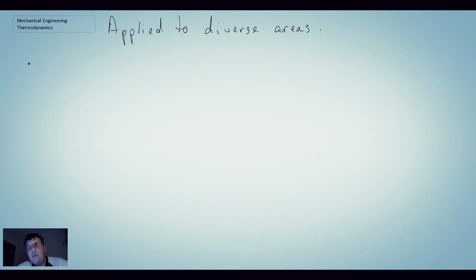One is power production. Power production is an area that is very important in modern day society. We have power production, which is generating the electricity by which I'm recording this lecture.